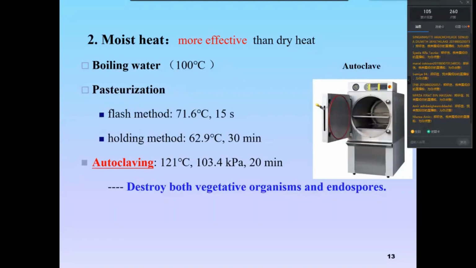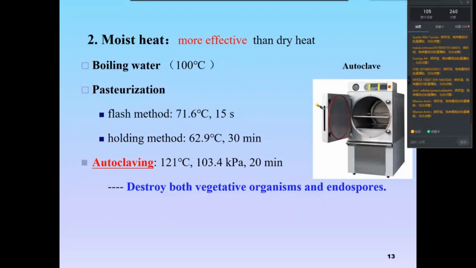So that is to treat the substances with a relatively low temperature, either 60 degrees or 70 degrees, and for a pretty short time. Like if you treat the milk at 71 degrees, you only treat it for about 15 seconds. So it's a pretty short time. And this we call the flash method.